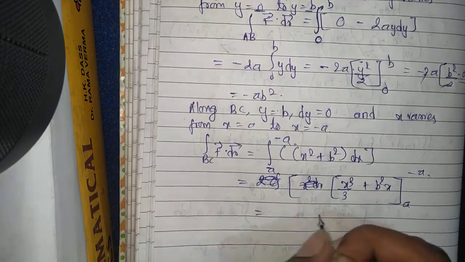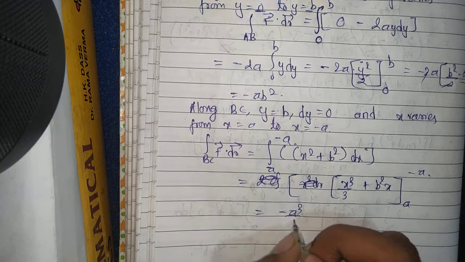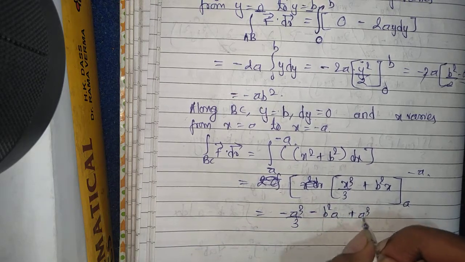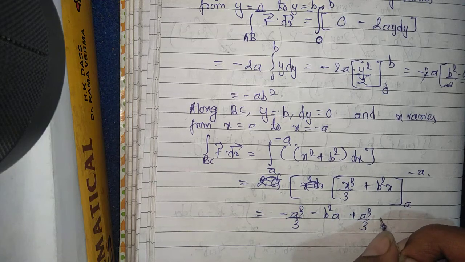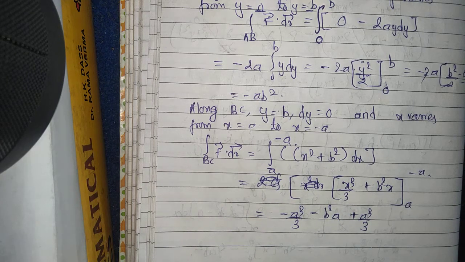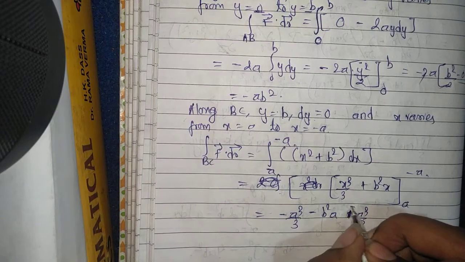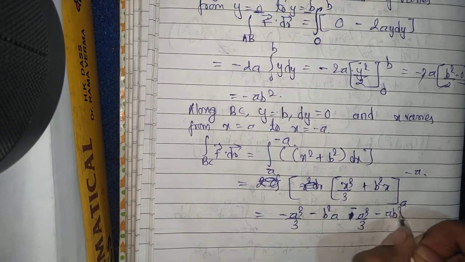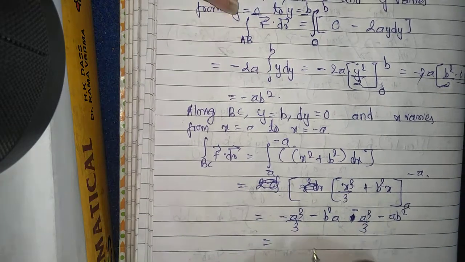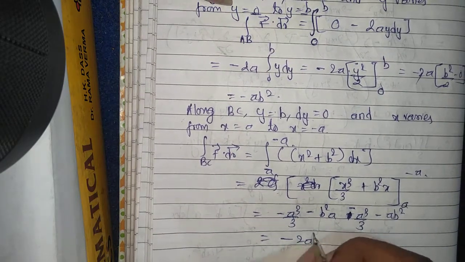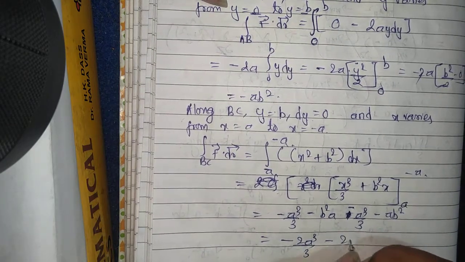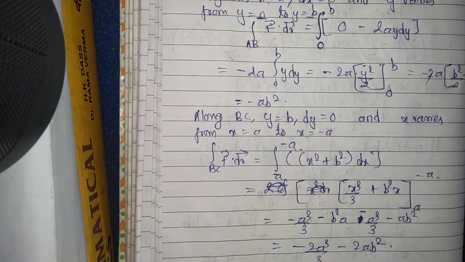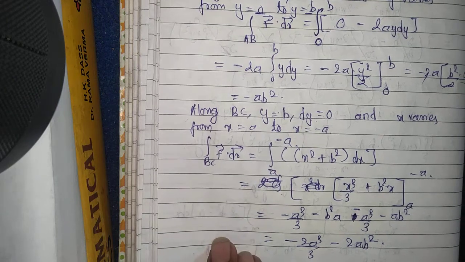Substituting the limits, we get minus a cubed by 3 minus b squared a plus a cubed by 3, sorry, not plus, here we will get minus a cubed by 3 minus a b squared. Now adding them we get minus 2a cubed by 3 minus 2ab squared, which is our value of the line integral along BC.